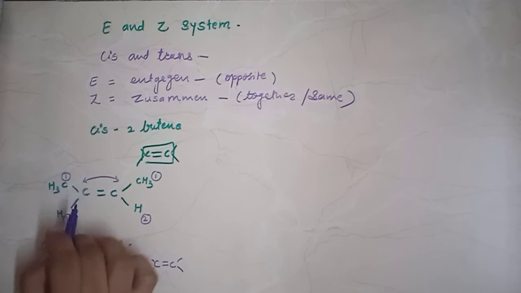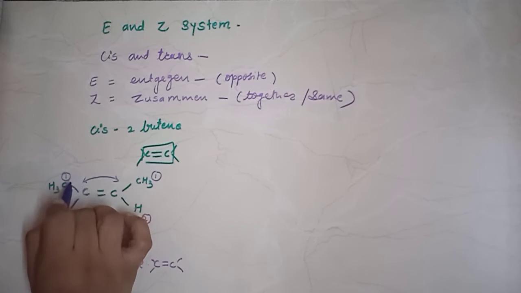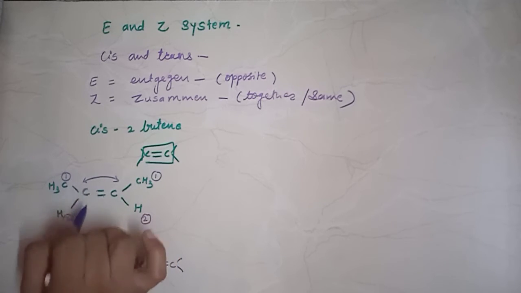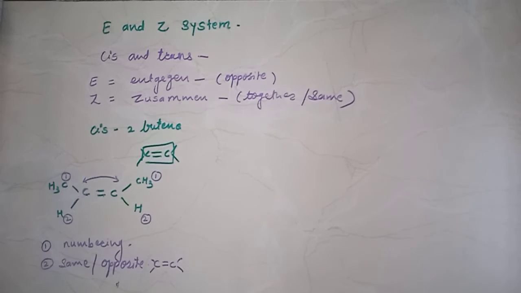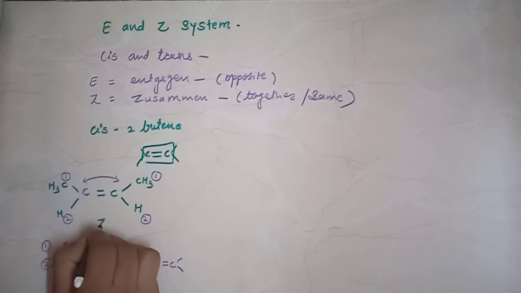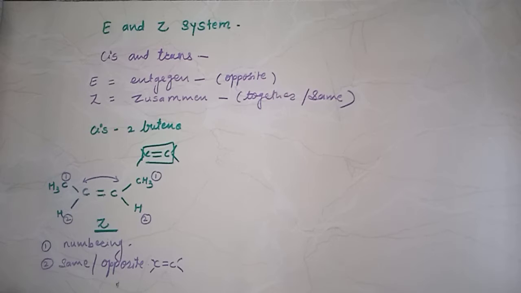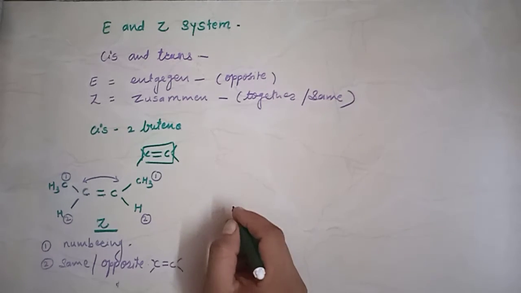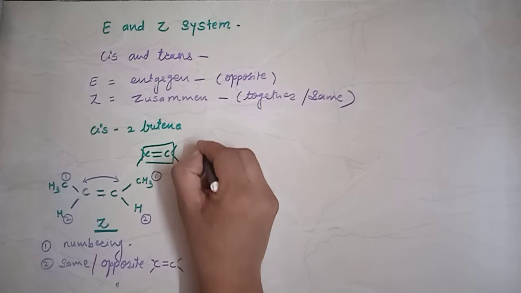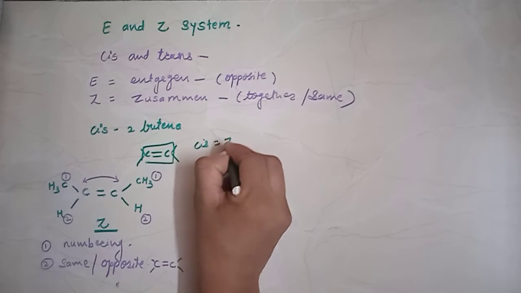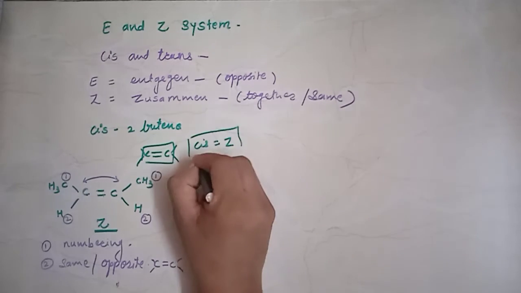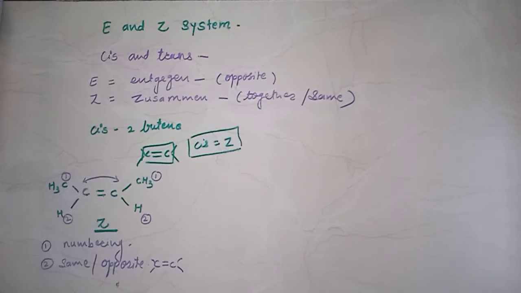So in that structure, CH3 and CH3 are on the same side of the carbon double bond, so we give this the Z nomenclature. We can say one thing: the compound having cis nomenclature, the cis compound, has the Z nomenclature system, meaning cis is equal to Z.